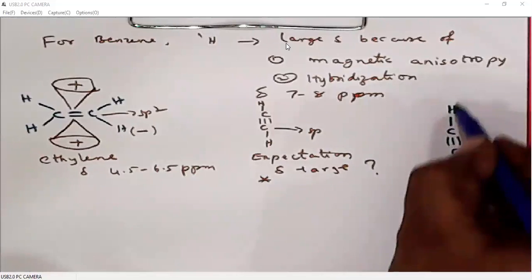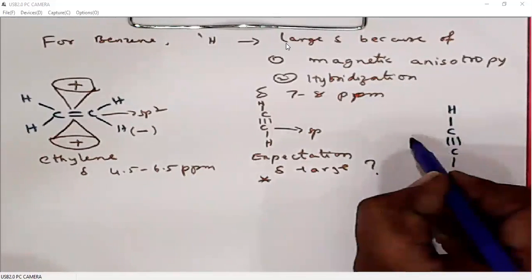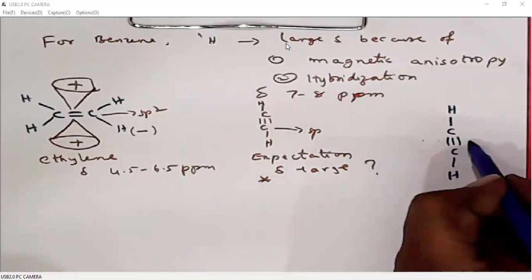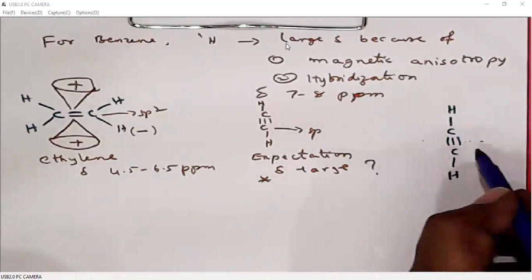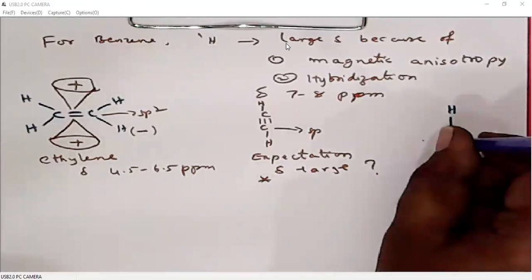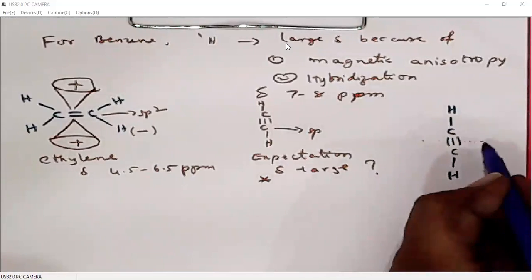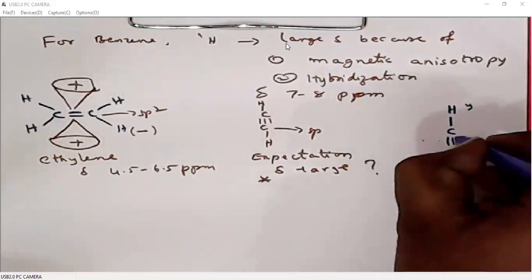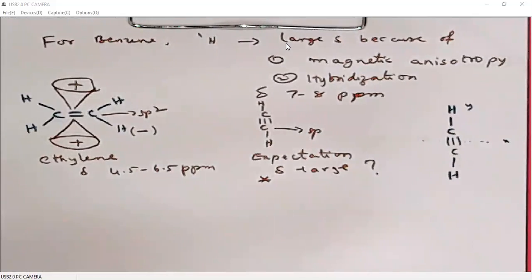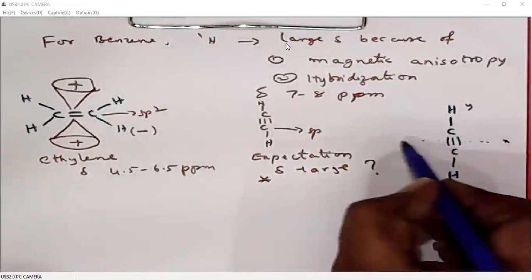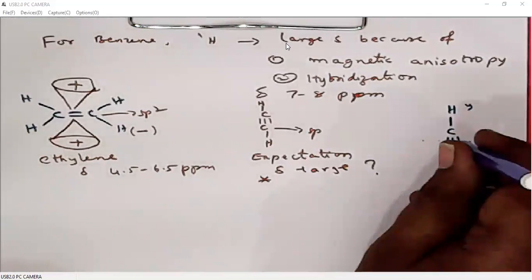Say for example, this is the axis. One pi bond will be in this direction, perpendicular to this molecule in the plane. Another pi bond will be in this direction, that means z direction. For example, this is x, this is y, this is z direction. So the two pi bonds are, one along this direction, one along this direction.